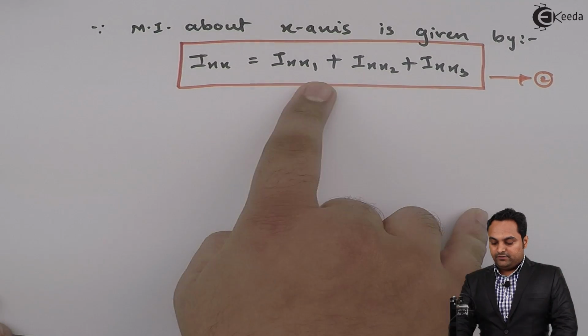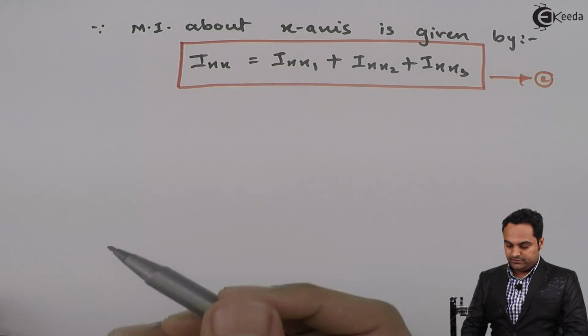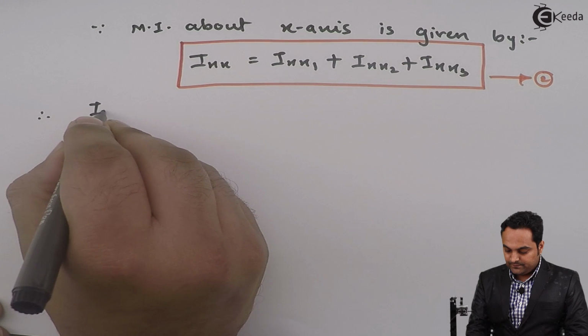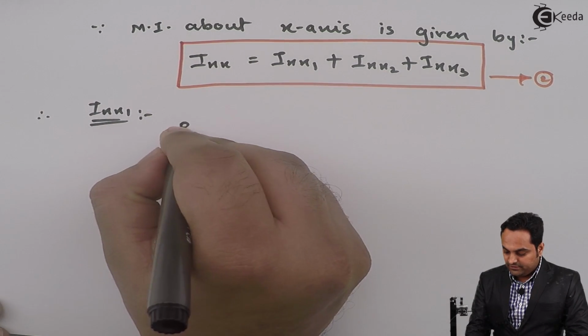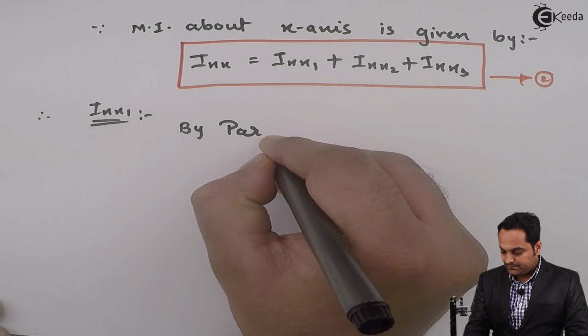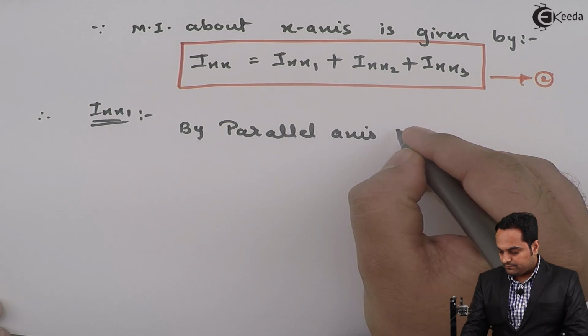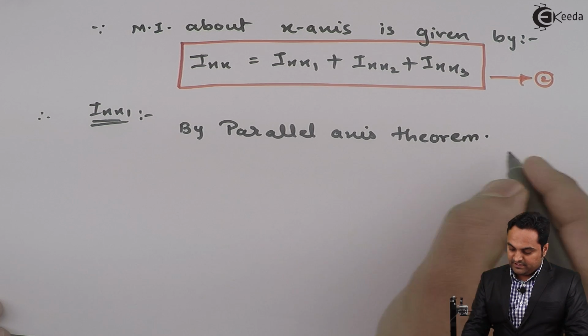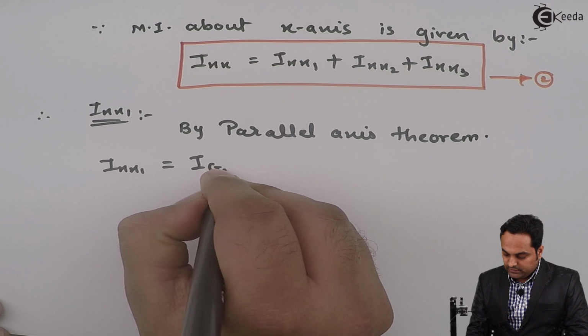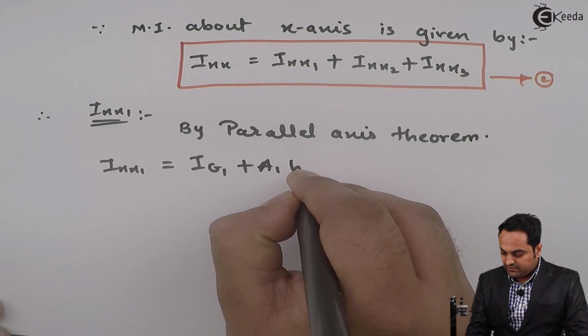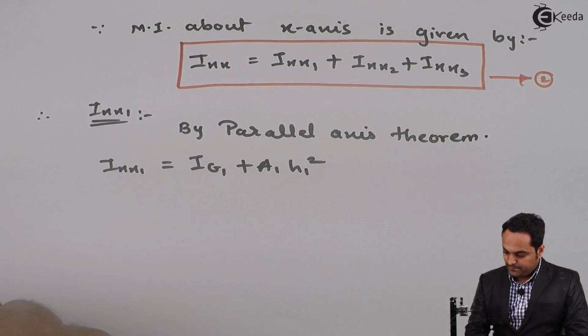Now we'll calculate individually these three values. That is, first I'll say that Ixx1 will be calculated by the parallel axis theorem. By the parallel axis theorem, Ixx1 will be equal to Ig1 plus area 1 into h1 square.